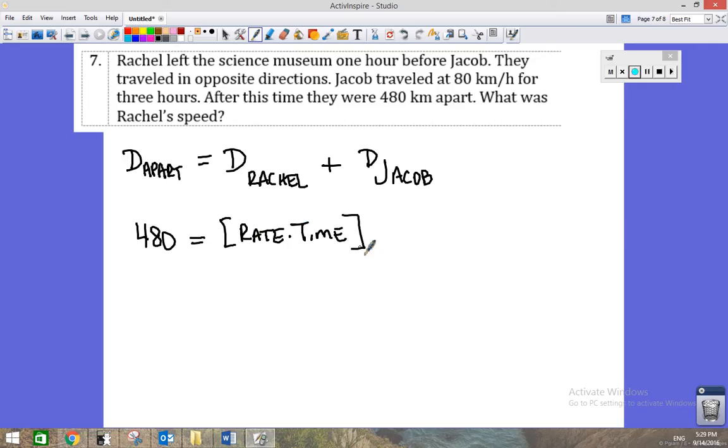We need to see what information is in the problem about Rachel's rate and time, and also about Jacob's rate and time.